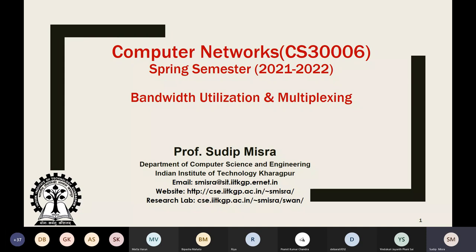The reason is that there are several computers, let us say, which will have to talk to several other computers. One possibility could have been to run wires between these different computers in all different combinations, right? But obviously, that is a very naive way of doing it, and it's not going to be manageable. So you need some better way to manage the multiplicity in the number of computers which are connected.